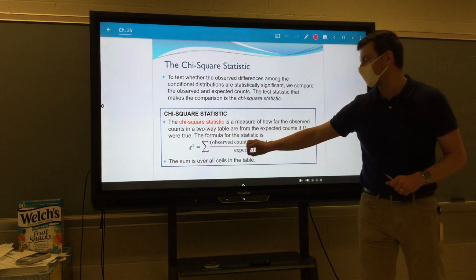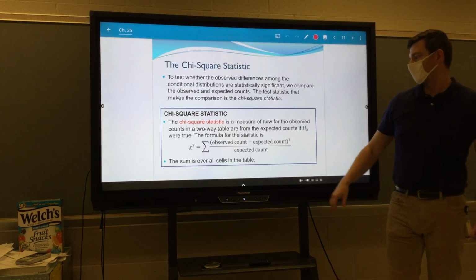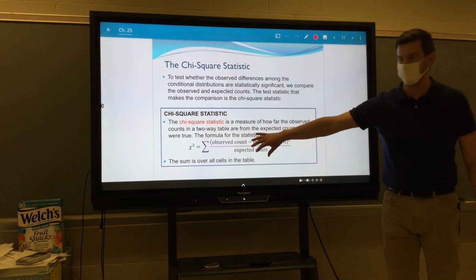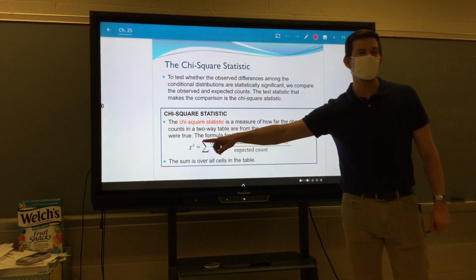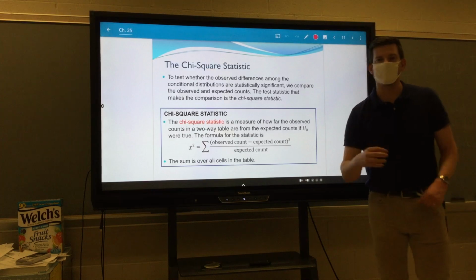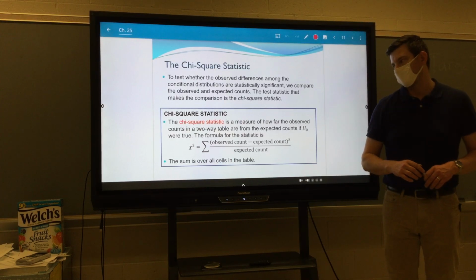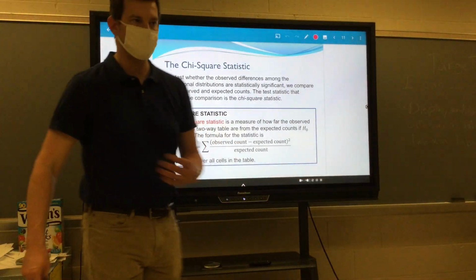So you have this value in our first top left cell. Then you're going to be doing this for the next cell over, and the next cell over, and the next cell over. This sigma means that you add all of those chi-square values together. And that sum is the chi-square test statistic.